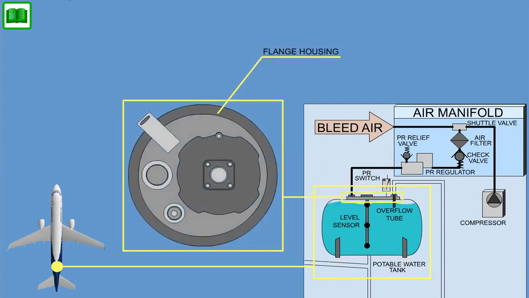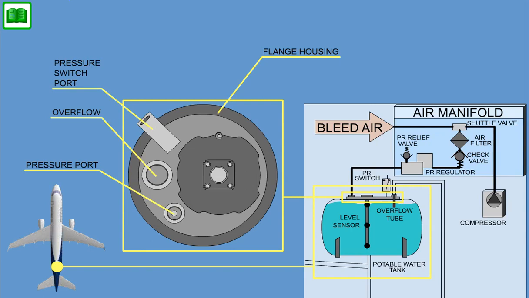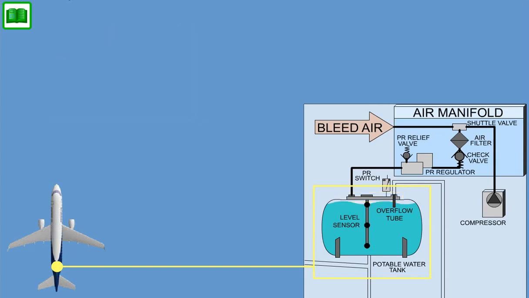A flange on top of the tank incorporates ports and fittings for the overflow line, air pressurization, air pressure switch, and the level sensor. The electrical connector for the level sensor is integrated into the flange. At the bottom of the tank, a flange connection provides an interface to the fill, drain, and distribution lines.